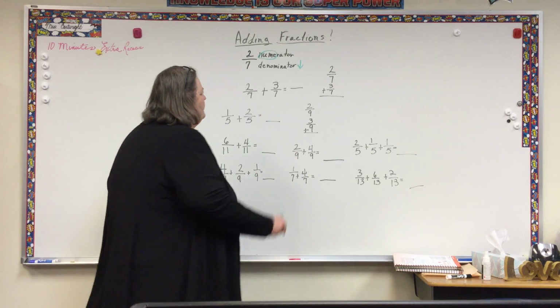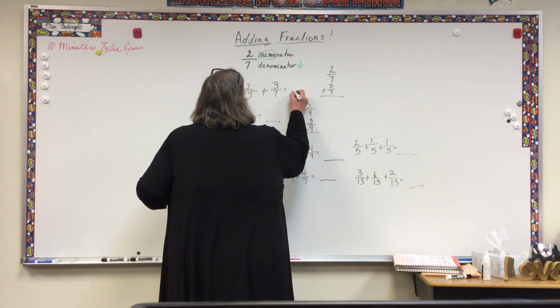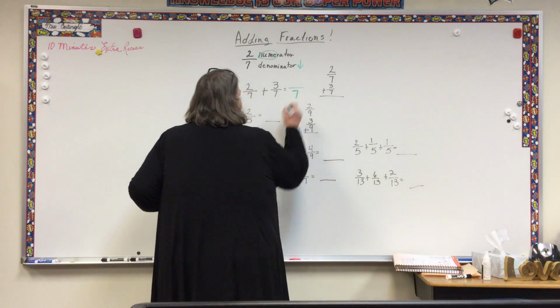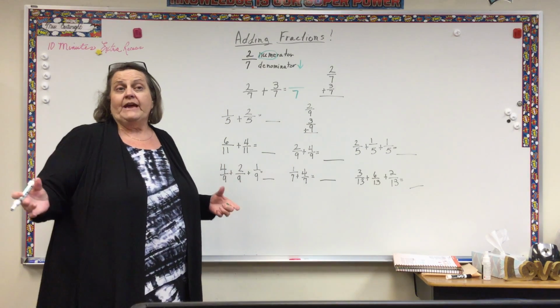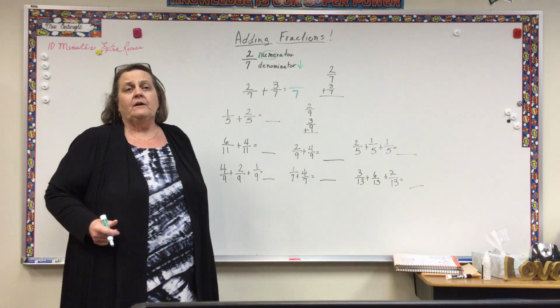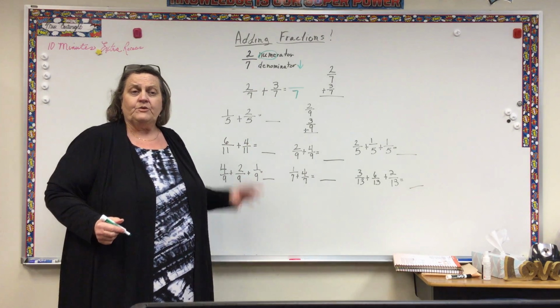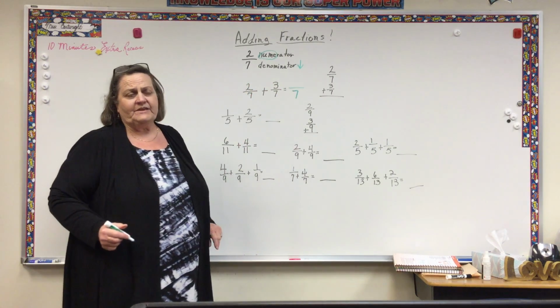Yes, so guess what? The denominator is going to be written down. It's already done for you. It's going to be 7. And then all you have to do is work the numbers at the top, the numerator. Remember, numerator, numbers, okay?